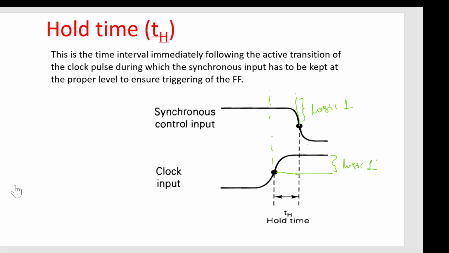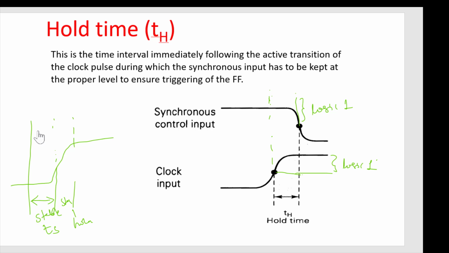So if you summarize in one place, this is my clock signal, let's make it 50% here. So during this period your input should be stable, so this will be setup time, and during this period also your input should be stable, so this is the hold time.